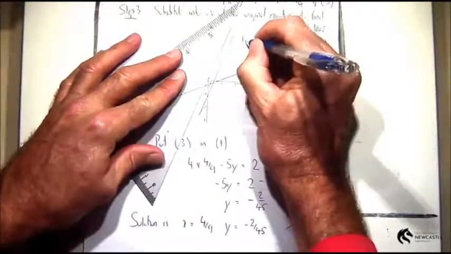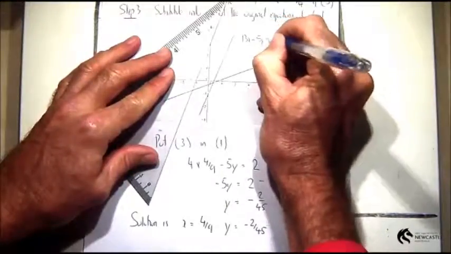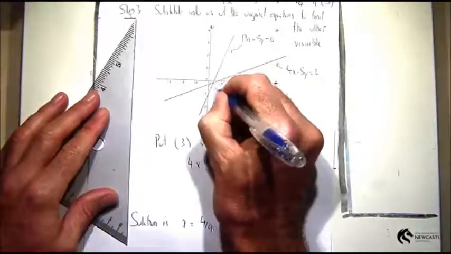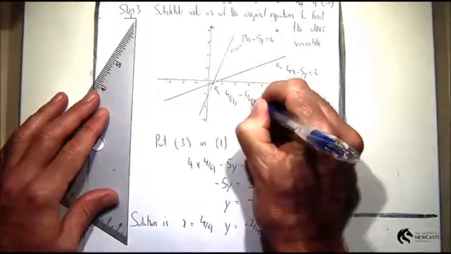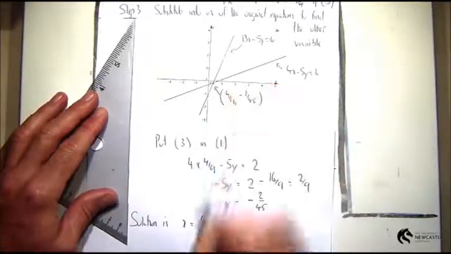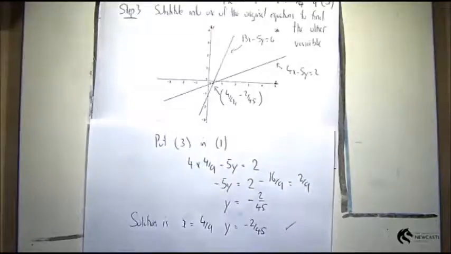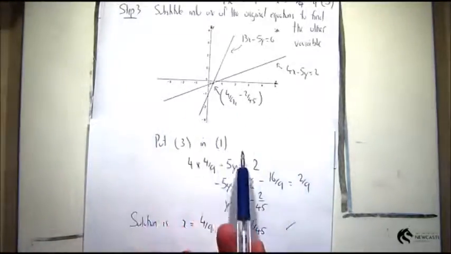That would be 13x minus 5y is equal to 6 in there. And here would be your point of intersection, and that will have coordinates 4/9, minus 2/45 in there. And so that is an example where being able to just draw the pictures probably wouldn't help you find the actual answer.